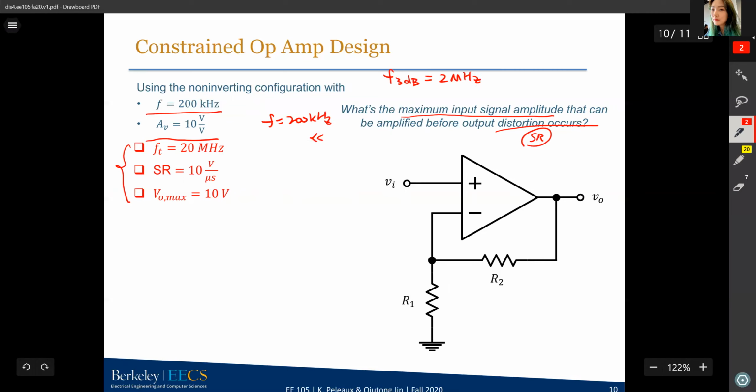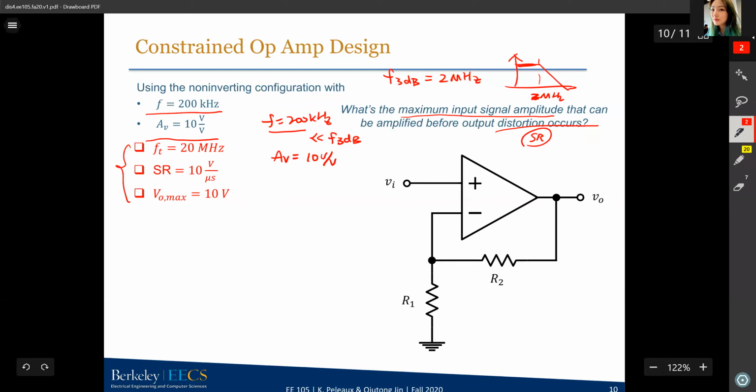This is much less than 2 megahertz, so your amplifier will have a constant gain at this frequency. Your closed loop gain is always 10 at this frequency. This is not an assumption, this is the result, what we know.